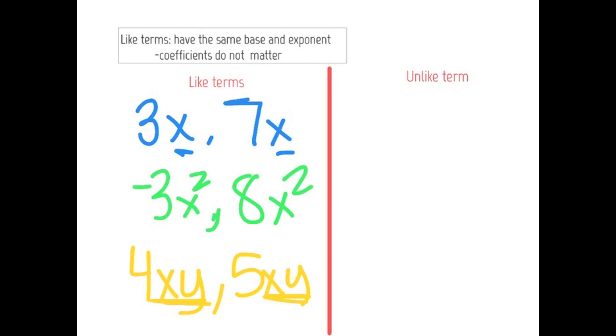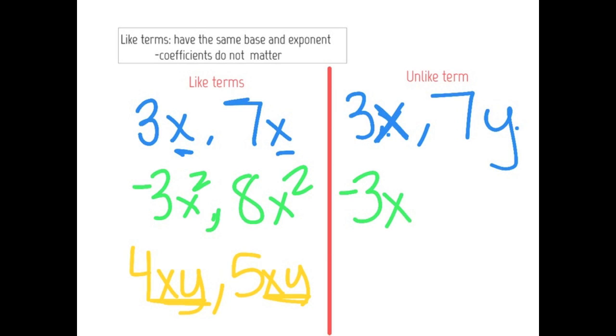Next I'm going to give examples of what unlike terms look like. We'll start with 3x and 7y. These two don't have the same base. This is an x, this is a y, so they are different. Another example would be negative 3x squared and 7x cubed.